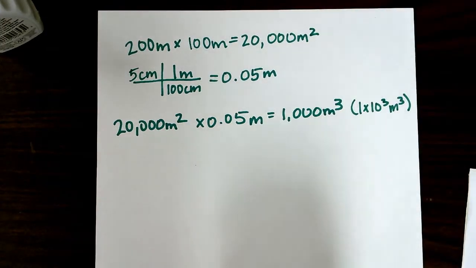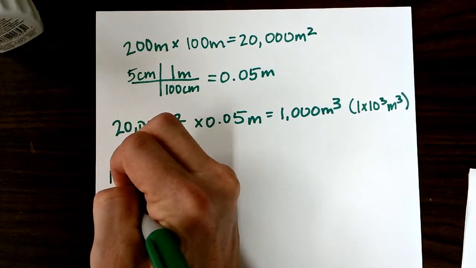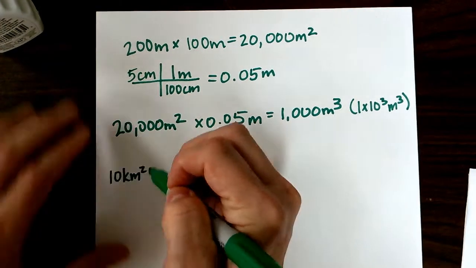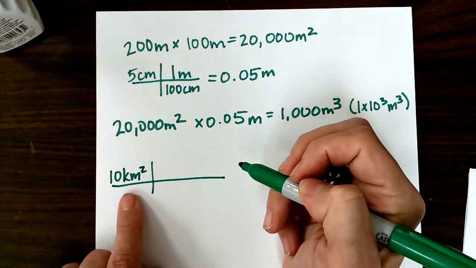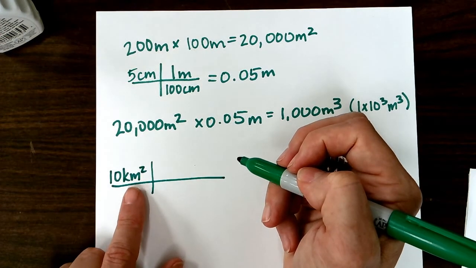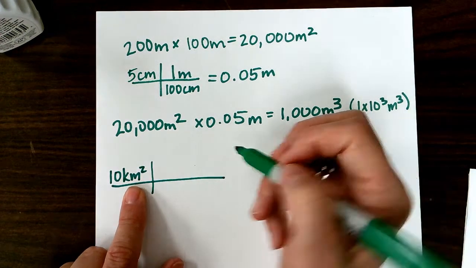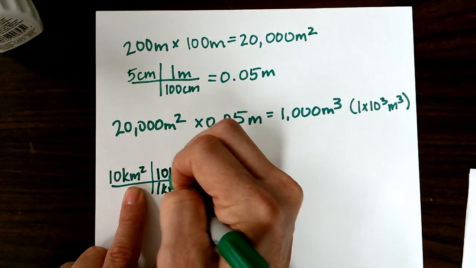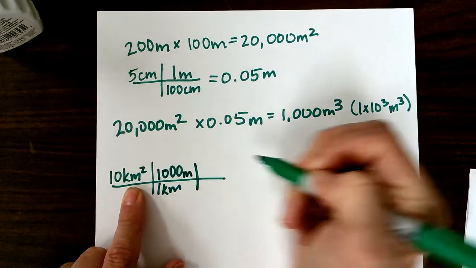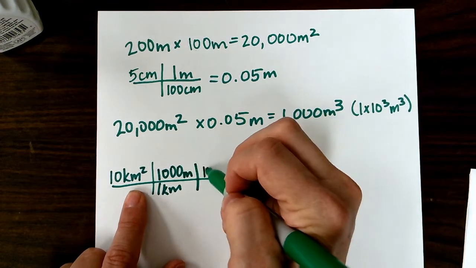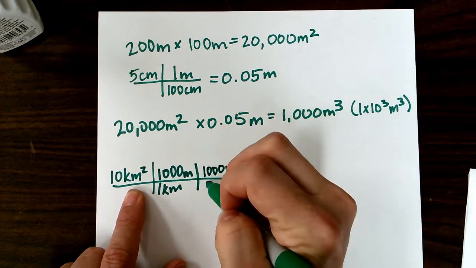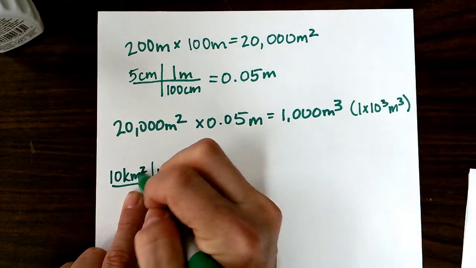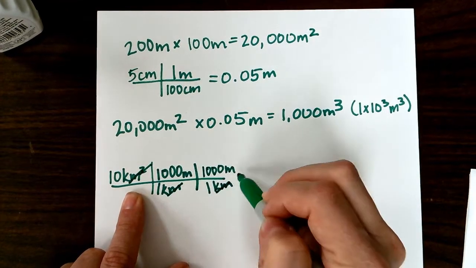So the first thing I've got to do is convert that 10 kilometers squared into meters. And remember, when you've got an area like this, you have to apply your dimensional analysis twice. So 1,000 meters in a kilometer gets rid of the square, and then 1,000 meters in a kilometer again gets rid of my second kilometer.